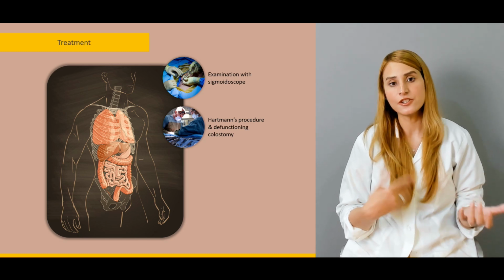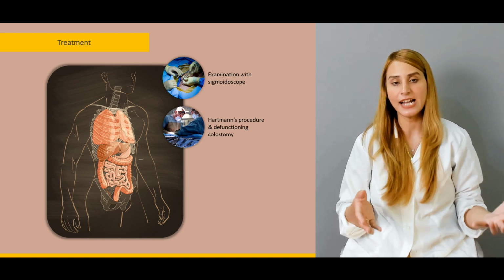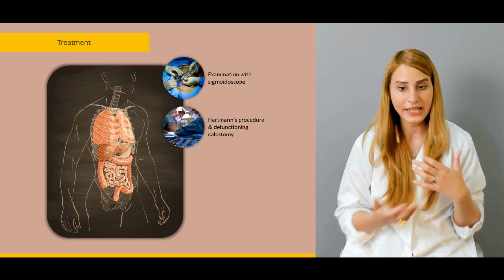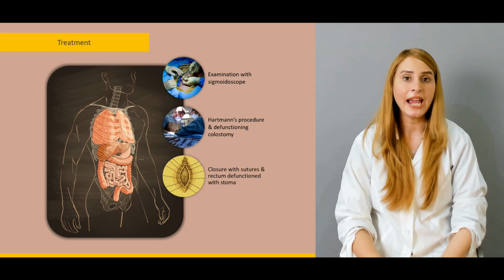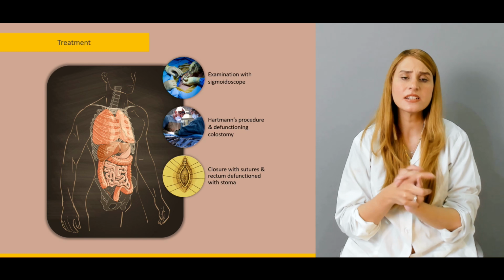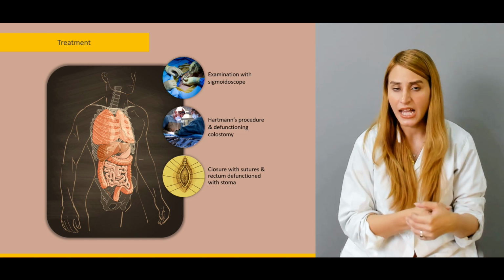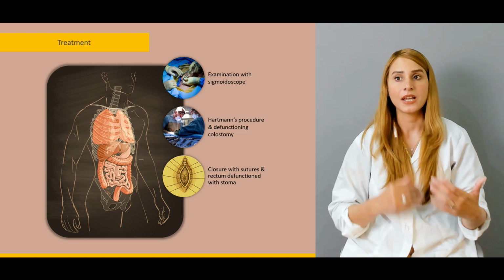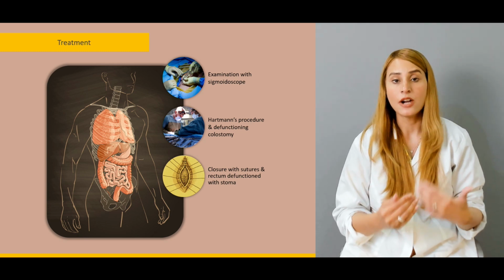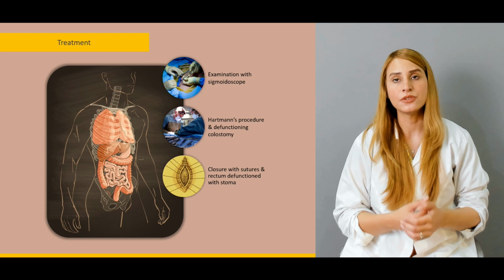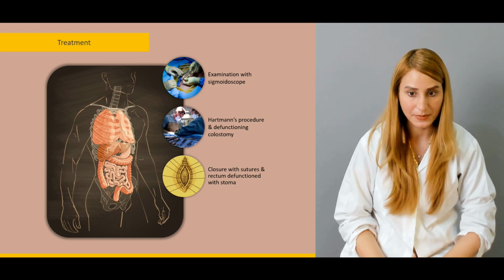Then what you do is the Hartmann procedure, you resect that particular segment, and then you do the colostomy. And for a considerable time the colostomy bag is attached to the patient, and after the anastomosis has ripened, you do the reversal of the colostomy.